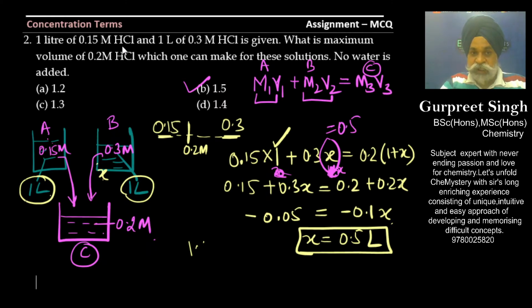One more important caution: you are only provided with 1 liter of each. At times when you reverse the things, the amount of HCl required can come greater than 1 liter, so then that option won't work. So this is one way you can do it.